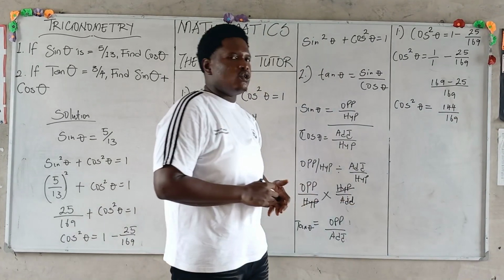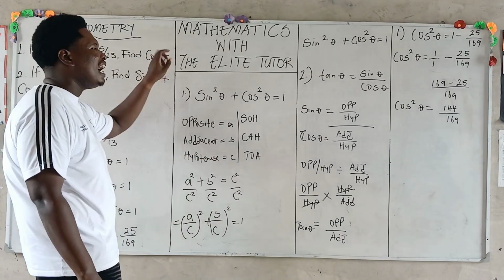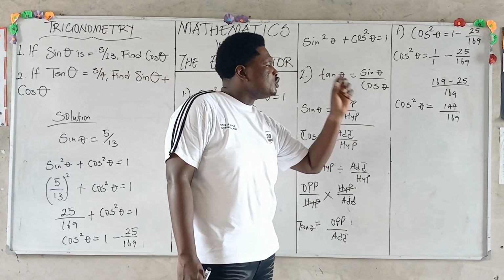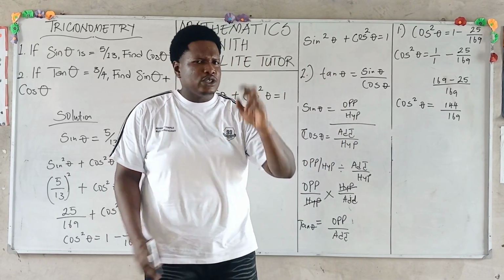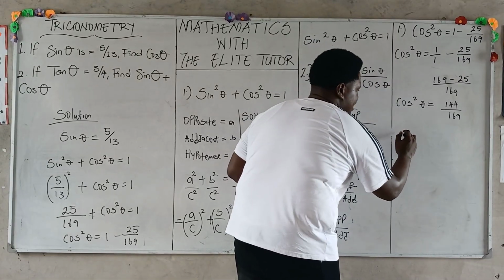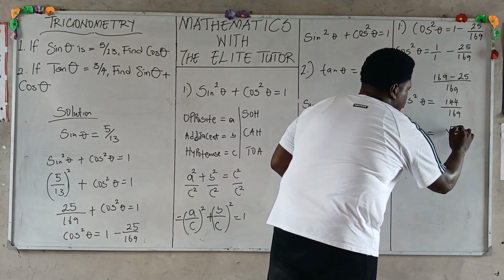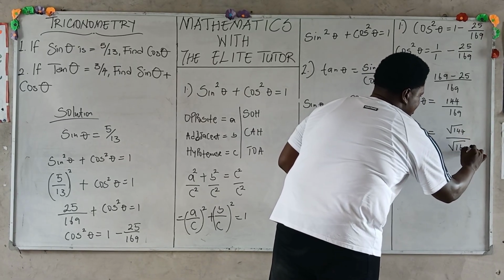Don't forget, we are looking for the value of cos theta, not cos squared theta. So in order for you to ascertain the value of cos theta, you are going to take the square root of both sides. It's going to cancel out this square here. So we have cos theta is equal to the square root of 144 and also the square root of 169.